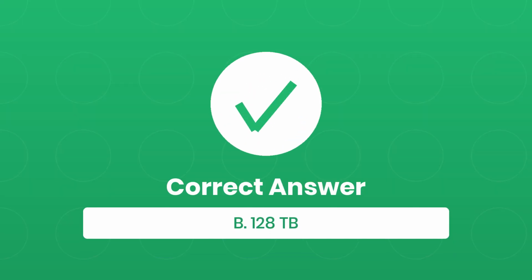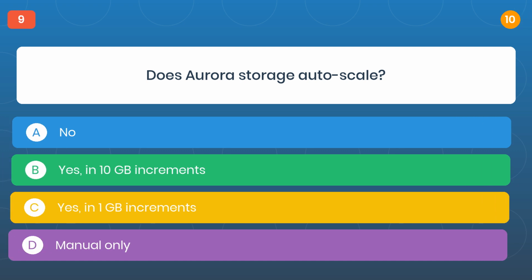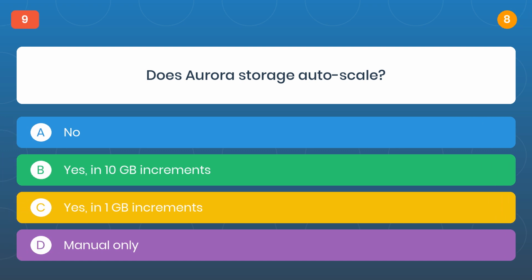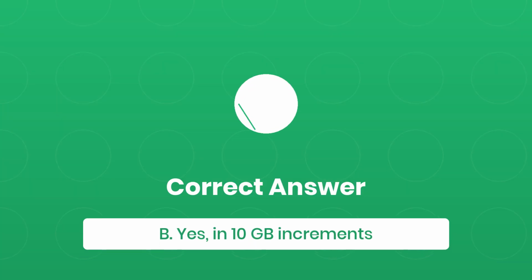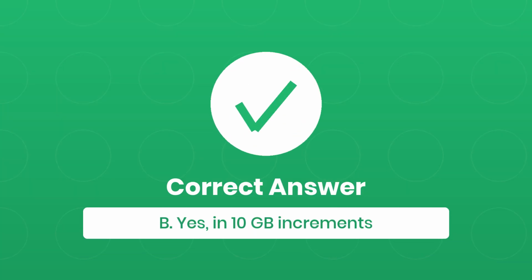The correct answer is B, 128 terabytes. Question 9. Does Aurora storage auto-scale? The correct answer is B, yes, in 10 gigabytes increments.